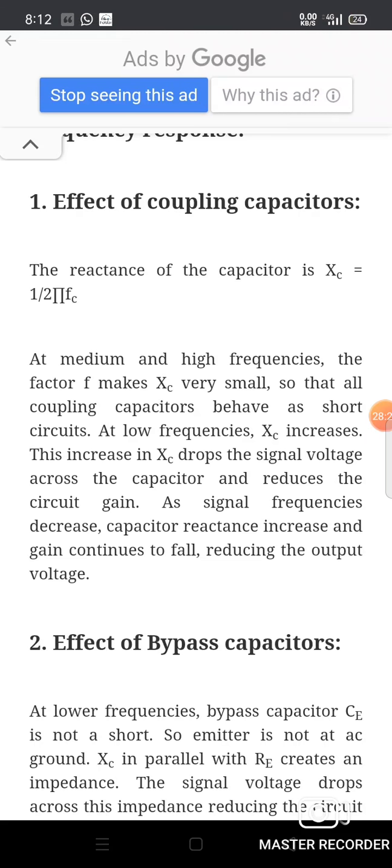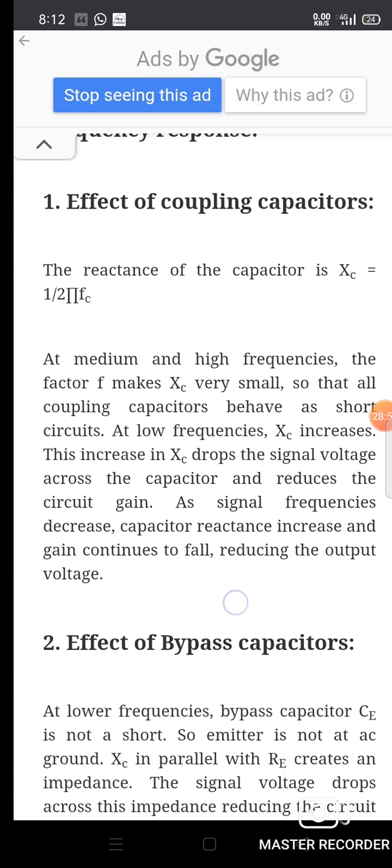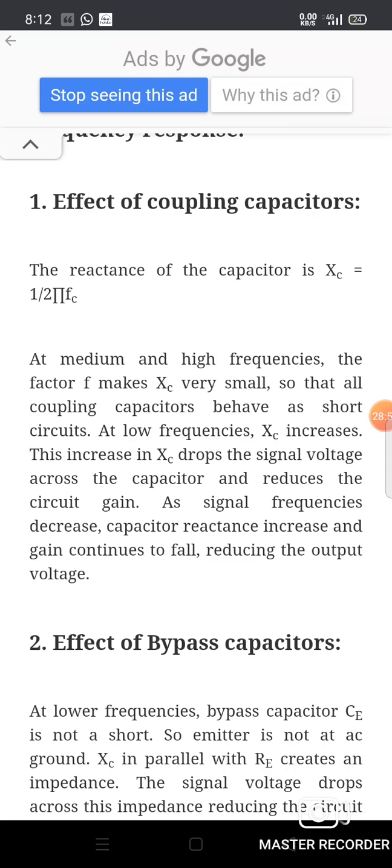At low frequencies, the capacitive reactance is increased. Low frequency means F is equal to 0. The capacitor acts as an open circuit. That's why the capacitive reactance increases. This increase in Xc drops the signal voltage across the capacitor and reduces the circuit gain, right?